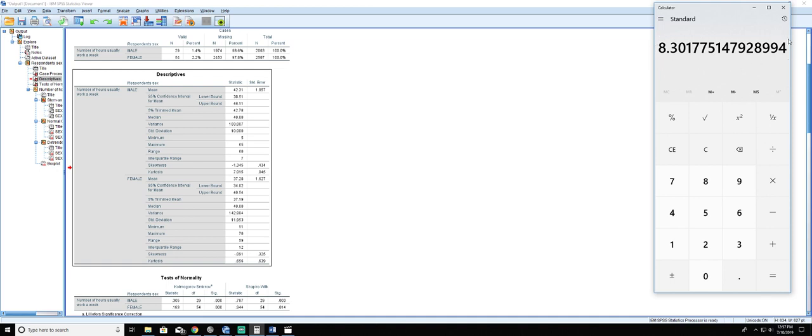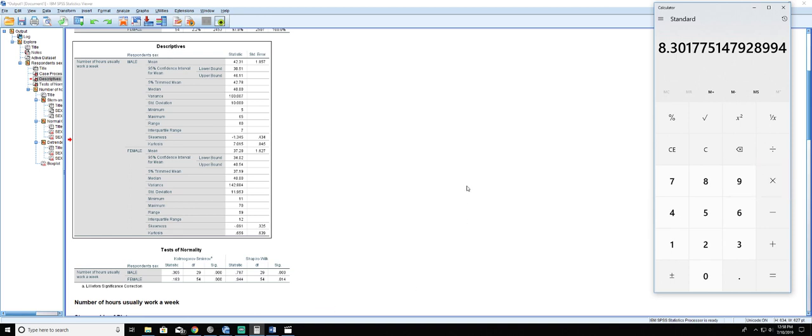And like I said, we're using positive or negative 1.96 as a reference value. So in this situation, since this is much larger than 1.96, we would also have to reject normality. So we know so far this data is probably not normally distributed. To know for sure, we'll move on and talk about our Shapiro-Wilk test in the next video.